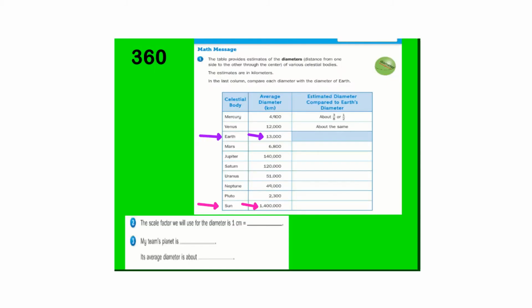Okay, back to the lesson. All right, so number 2, the scale factor we're going to use for the diameter is 1 centimeter is, let me get my pen here, about 5,000 kilometers. We'll all use the same one. We're all going to use Earth, and the average diameter is about, and they have it there, 13,000 kilometers.